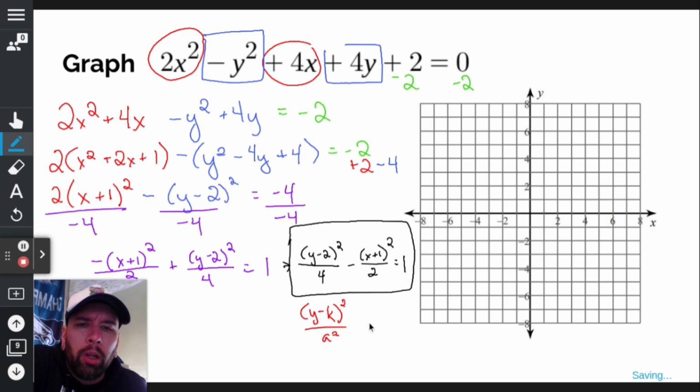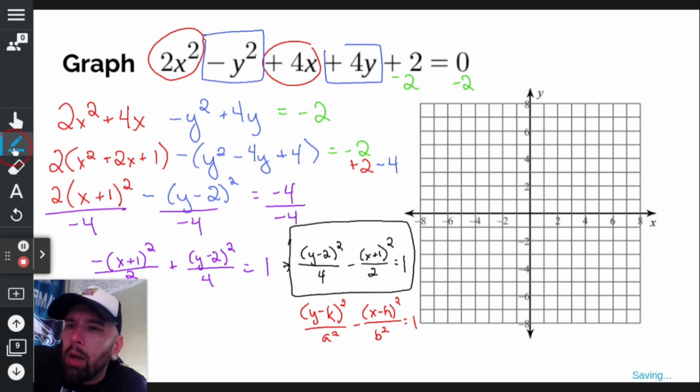And by the way, if you're wondering, don't we have to figure out which one's bigger? Nope. All we care about is which one are we subtracting from the other. Since this is y blah, blah, blah minus x blah, blah, blah, we're using this formula: y minus k squared over a squared minus x minus h squared over b squared equals 1.